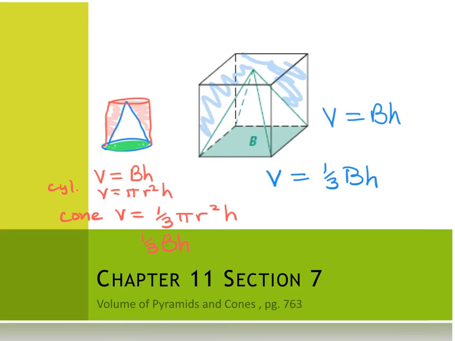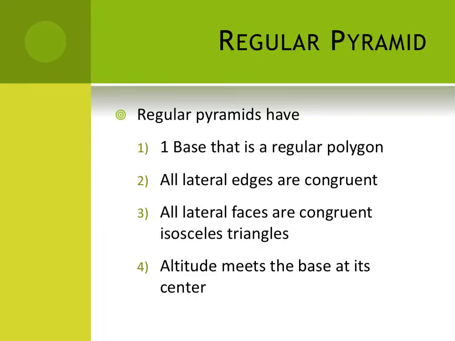So let's go ahead and take a look. When we're doing these, they're all going to be regular pyramids. So if I were to refer to a regular quadrilateral pyramid, what I would be talking about is a square pyramid.